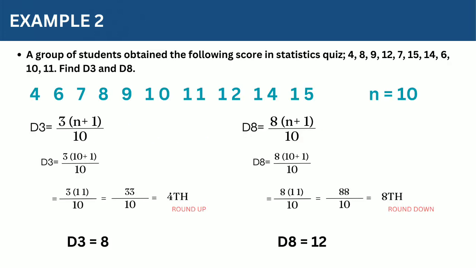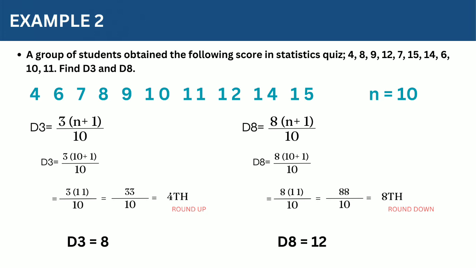To solve for decile 3 and decile 8, we have to know the formula. So the formula is k times the quantity of n plus 1 over 10. Then we substitute the given. So k is now 3 since we are looking for decile 3, and n is now 10 because it is the total number of students. Then we add what's inside the parentheses, so now we have 11.